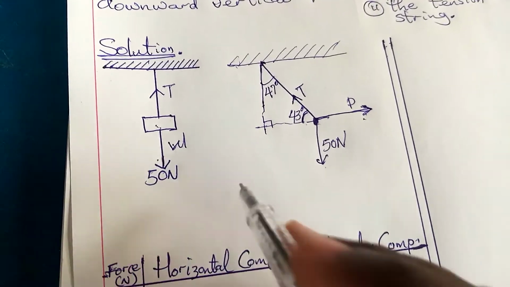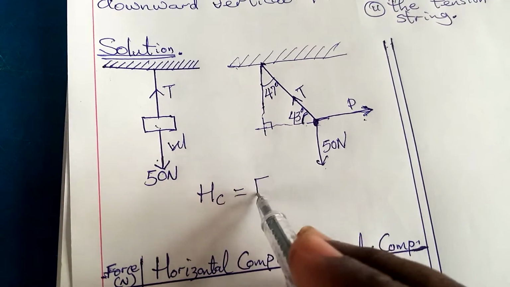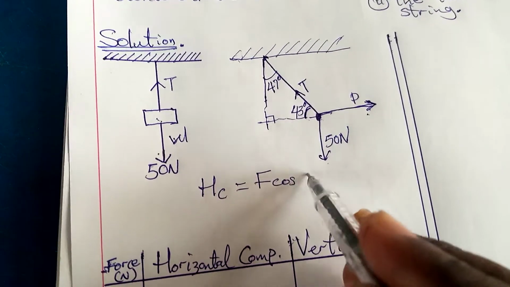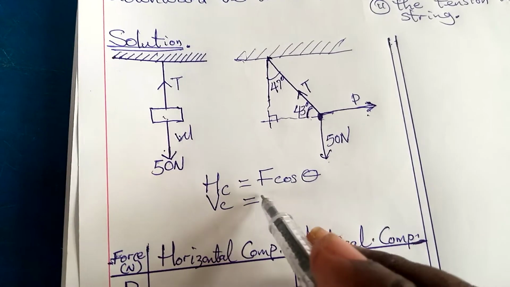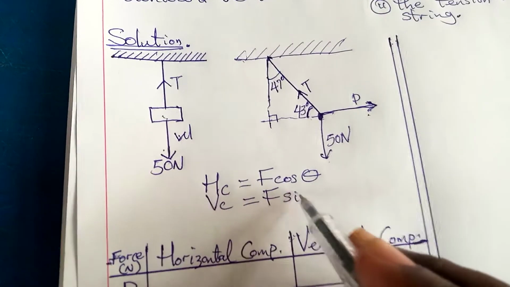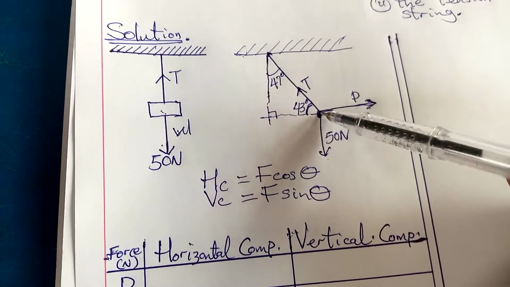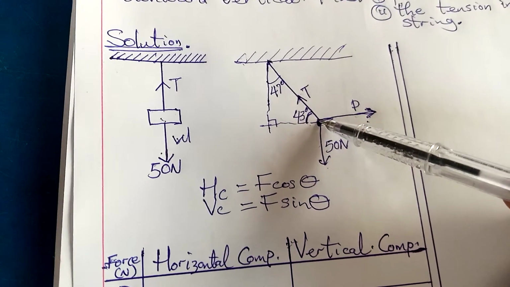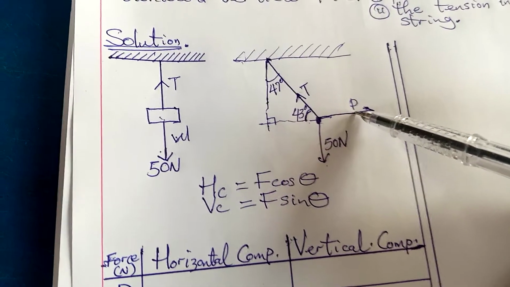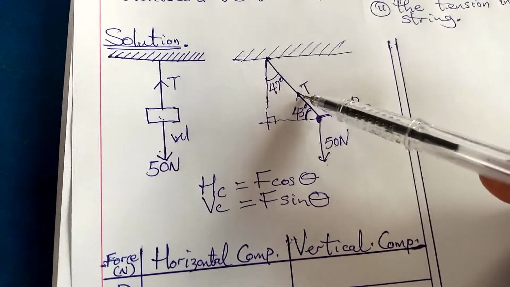And from our previous lesson, we discovered that horizontal component is given as F cos theta, and vertical component is given as F sine theta. Since we have the body in equilibrium and we have three forces acting on this particular body, that is force P, force 50 Newton and force T.